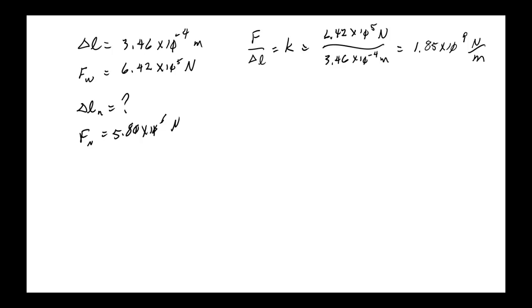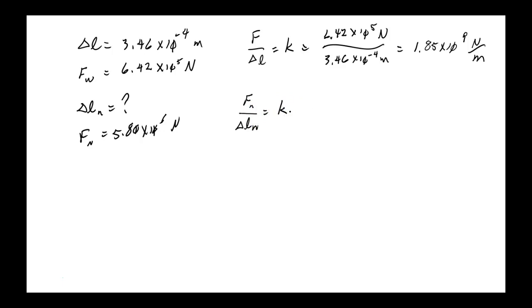So now that we know the Hooke's law constant, we can come down here and solve for your delta L n. What formula are we using? The very same formula. F, now it's the new force divided by the new delta L, is equal to the same spring constant, because it's the same building.